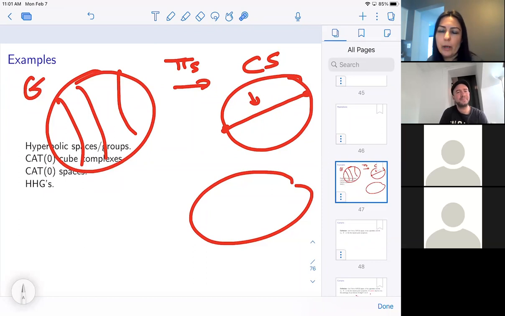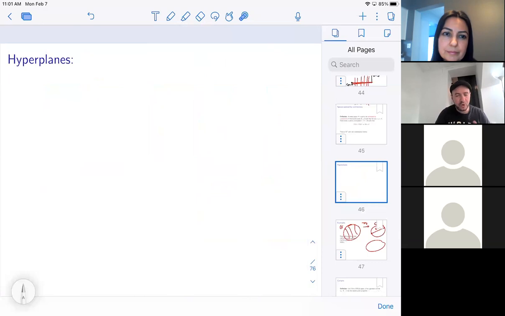I was wondering if you had made a different complex out of all of this data. No, it's basically, if you go back to Genevois' definition, it makes sense anytime you have something like a hyperplane. That's the upshot of this project: if you have anything that separates the space, you can build something similar.